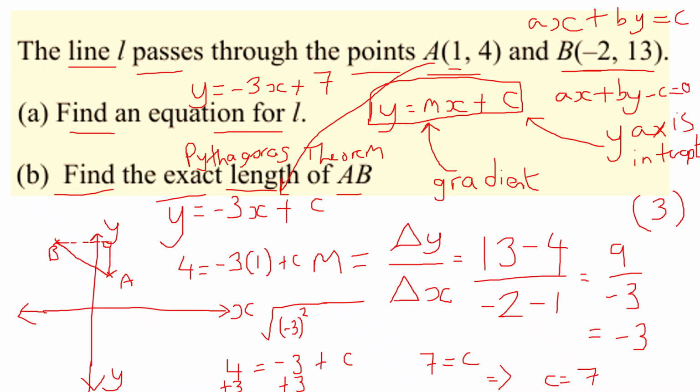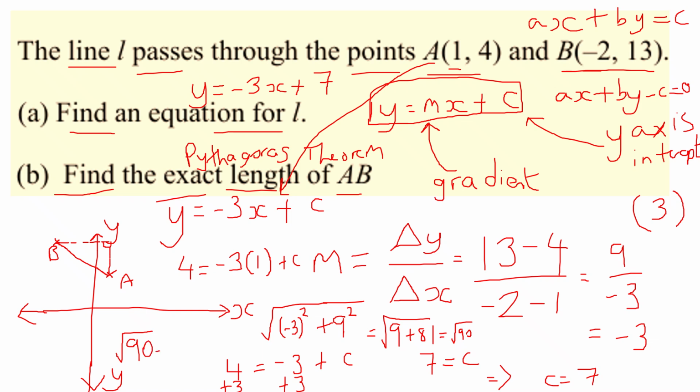And then from 4 to 13, we're going up by 9. So 3 squared makes 9, 9 squared makes 81. So you have the square root of 9 plus 81, and 9 add 81 is 90. So we have the square root of 90, which, if I want to, I don't have to, I can simplify this surd.